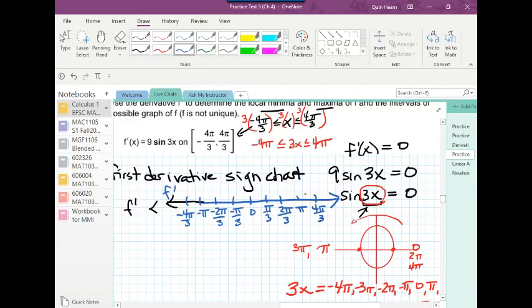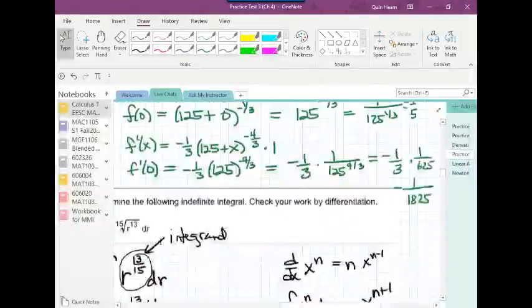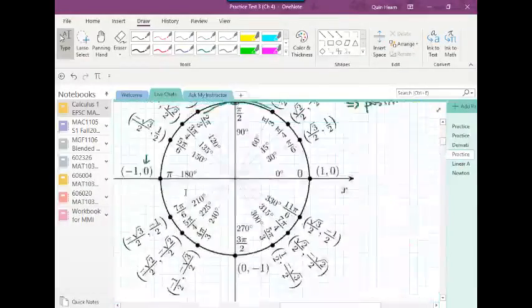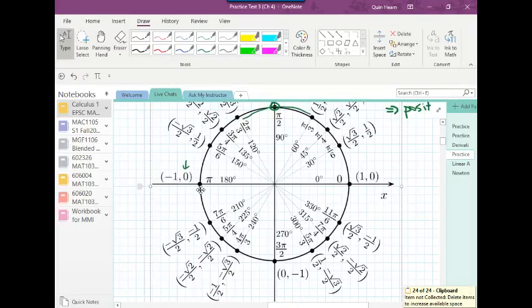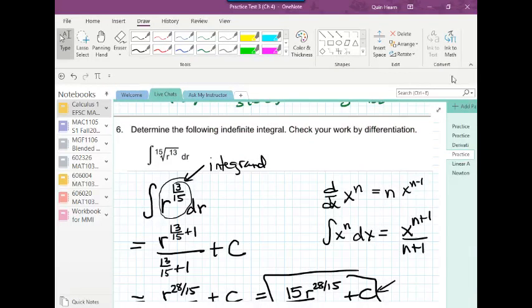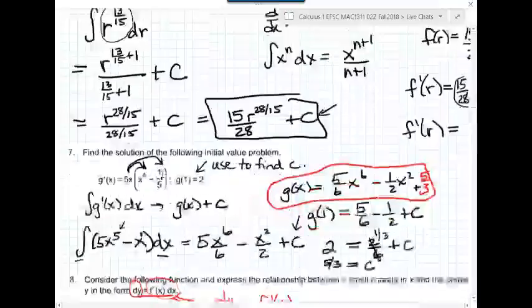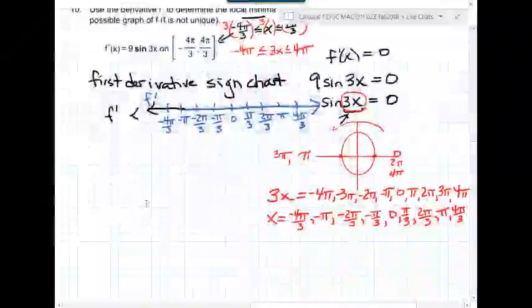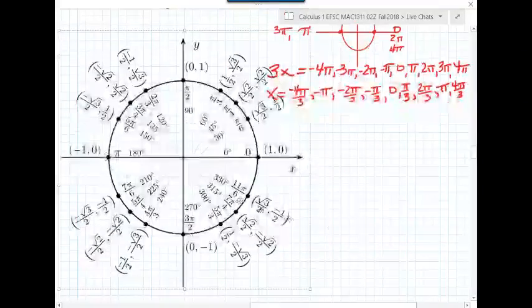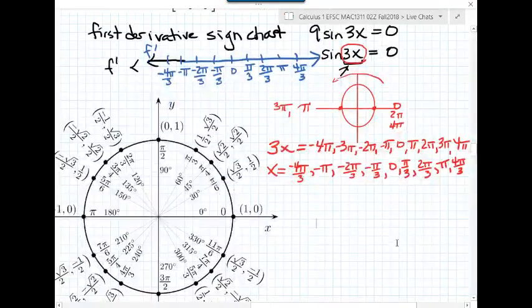Okay, so this is going to be my f prime sign chart, and we're going to have negative 4 pi over 3, negative pi, negative 2 pi over 3, negative pi over 3, 0, pi over 3, 2 pi over 3, pi, and 4 pi over 3. Okay.